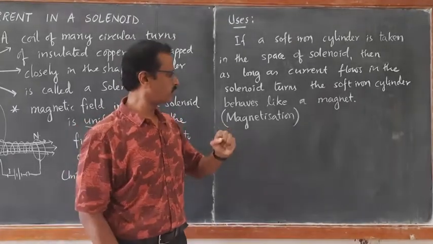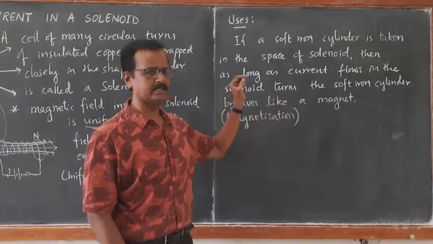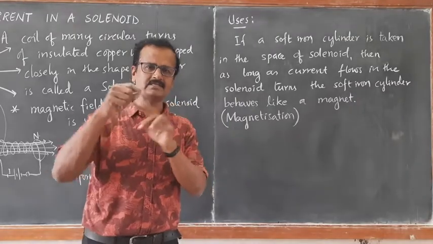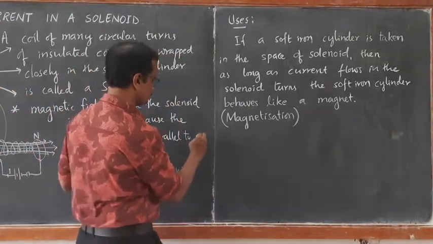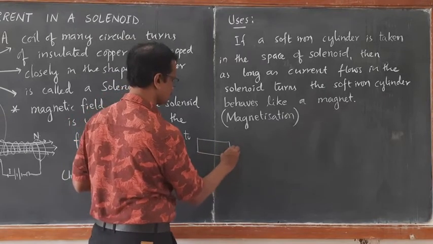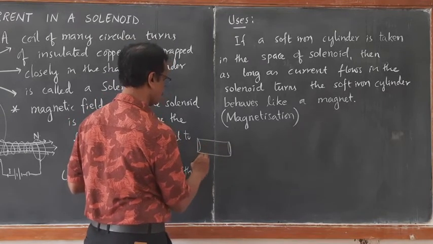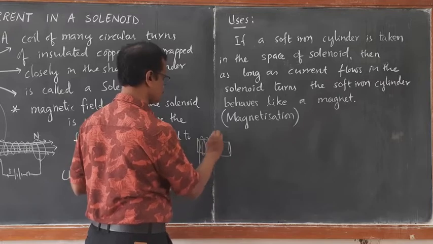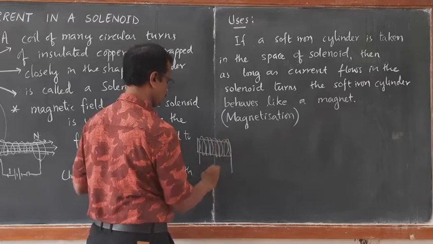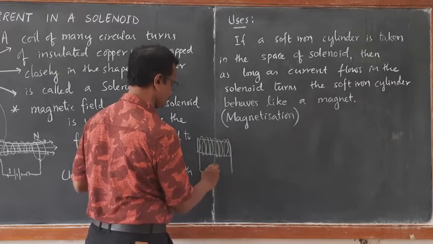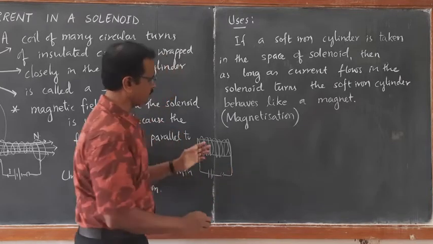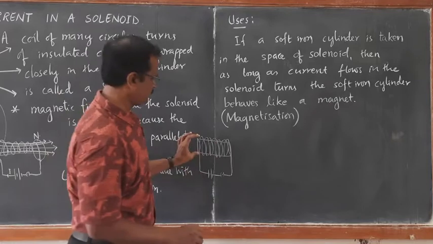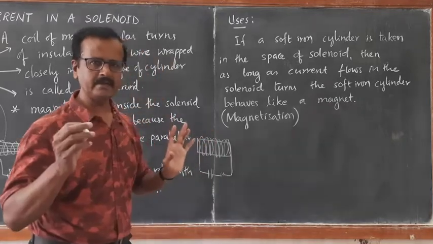If that soft iron is inserted in the space of this solenoid, or the windings are done on the surface of a soft iron cylinder, then the moment you start passing the current, as long as you pass the current, this soft iron cylinder behaves like a magnet.